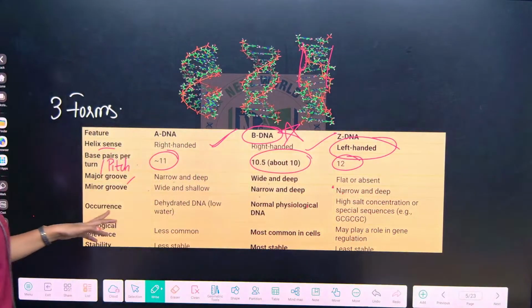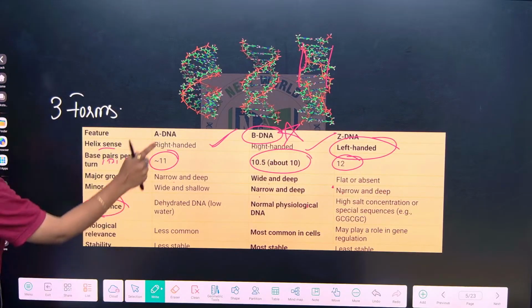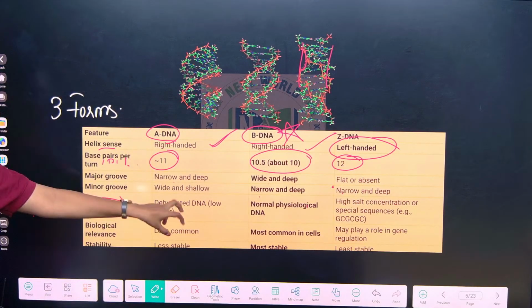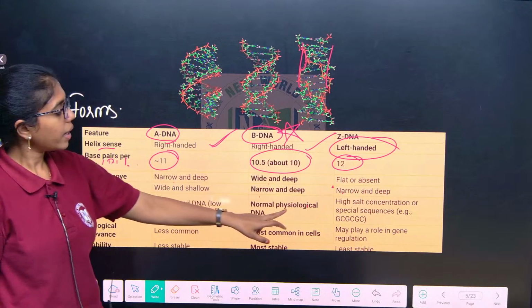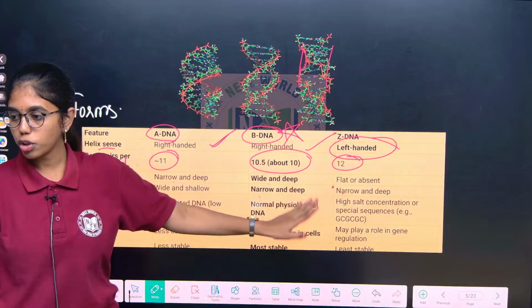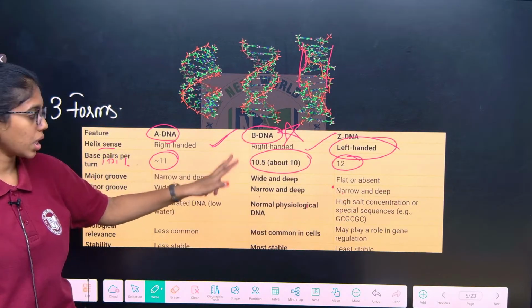And then occurrence, if you see, dehydrated DNA. This A form of DNA you can see as dehydrated DNA, where very low water content is there. But in normal physiological DNA, in human DNA, it will be in what form? So it is B form of DNA, normal physiological DNA.